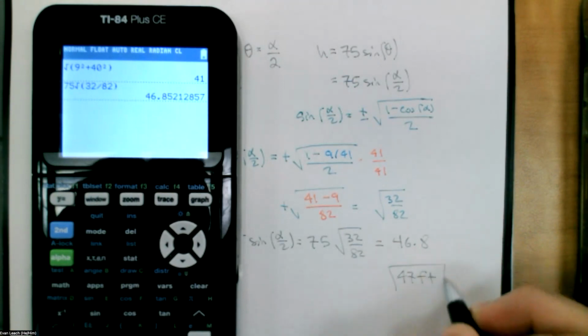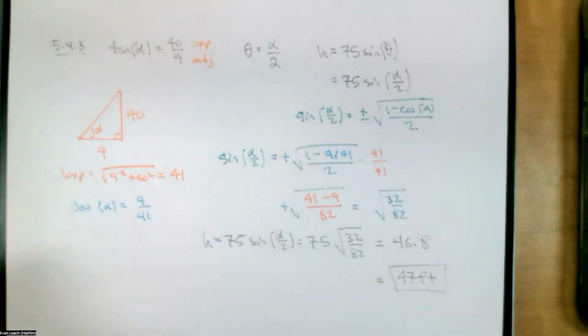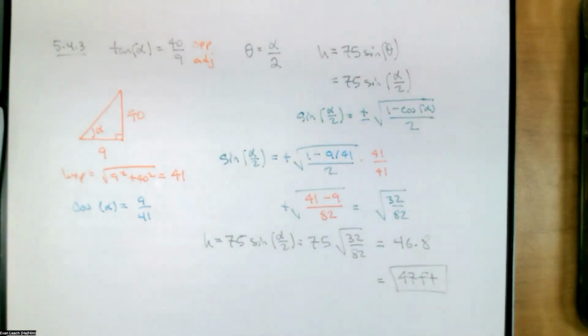So to the nearest foot, 47 feet. Any questions? Always look at what you're given and then look at what you're going for. Here it was just phrased in a really weird way.